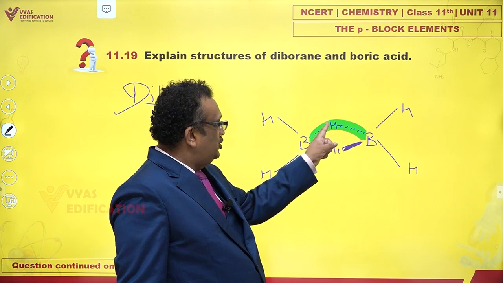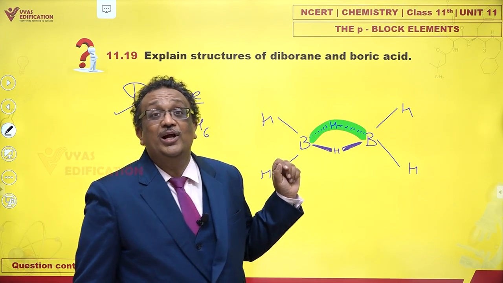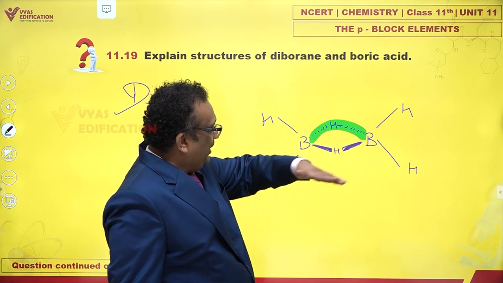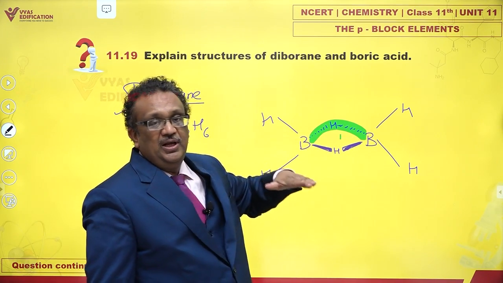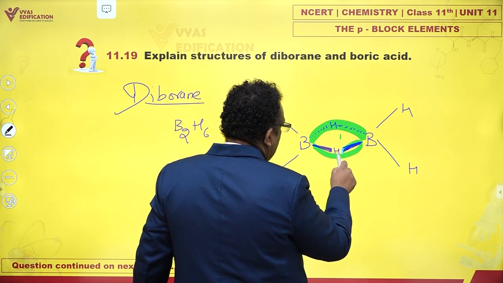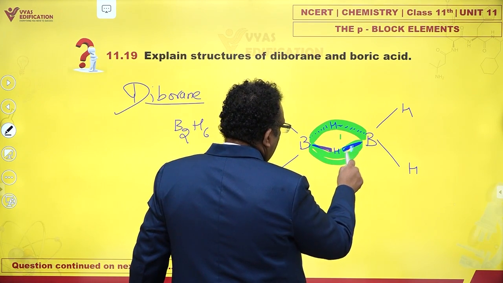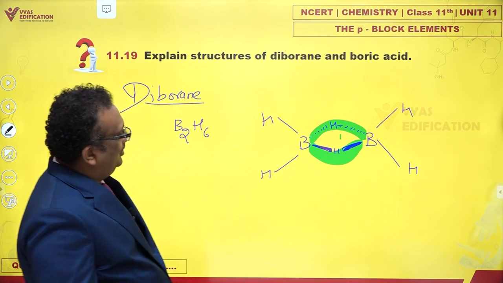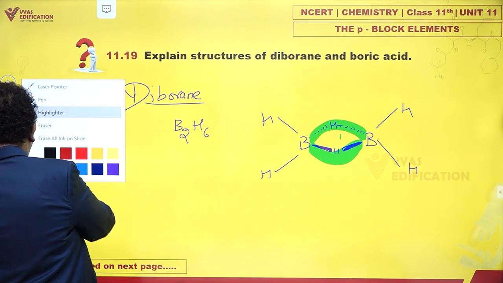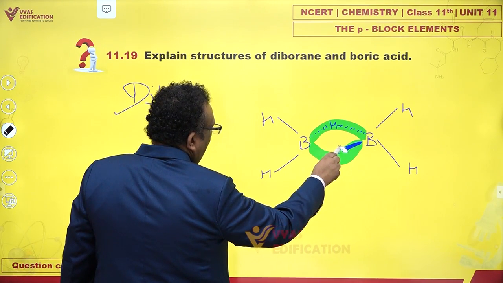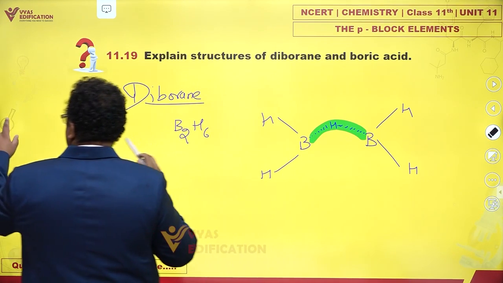So it's 1, 2, 3. It's a 3-center 2-electron bond. Oh my God. And this is in a plane perpendicular to the other plane. So there is one bond like this and another bond like this. Oh wow. Wonderful. They look like bananas. And that is why sometimes people even call them banana bonds. I'll just draw them back for you.